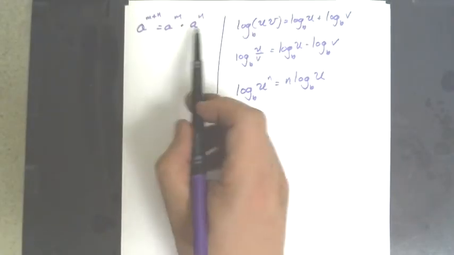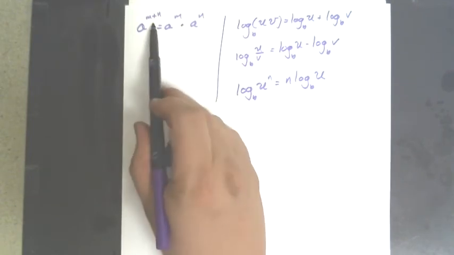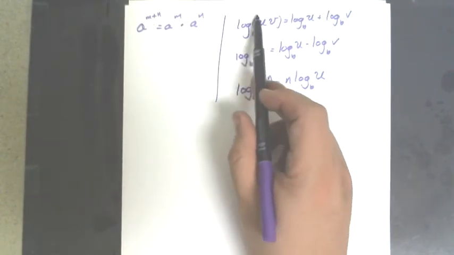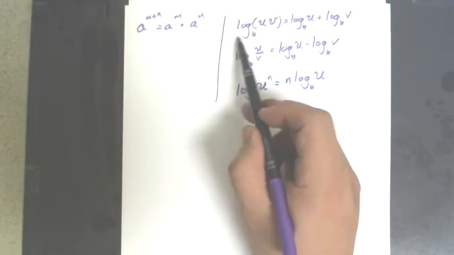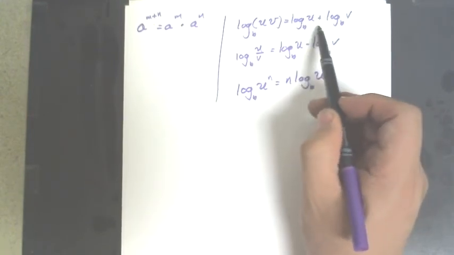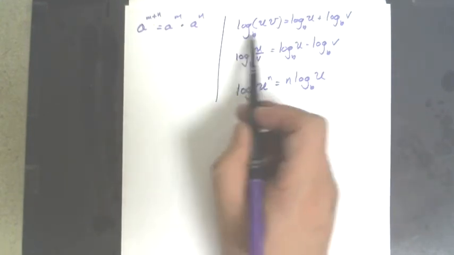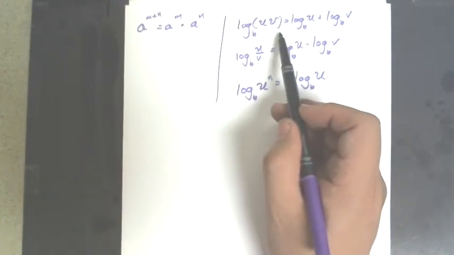What happens when you multiply two things? Well, when you multiply two things with the same base, you add their exponents. Well, logs ask, what happens with the exponents when you multiply? Well, you take the exponents and add them. These rules say the exact same thing in exponential form over here, in logarithmic form over here.